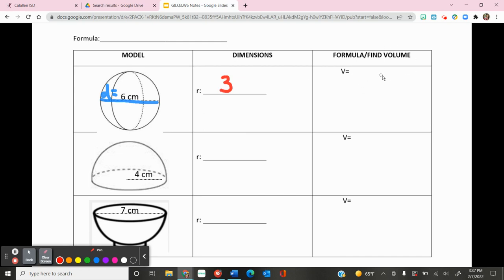So now we want to know what is the formula for a volume of a sphere, which remember is 4/3 times pi times radius cubed. So let's plug in this information. So we have 4/3 times pi times my radius, which is 3 cubed.